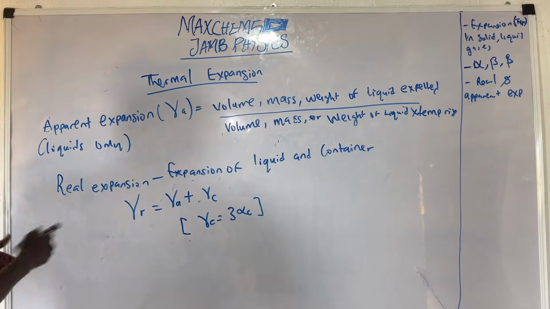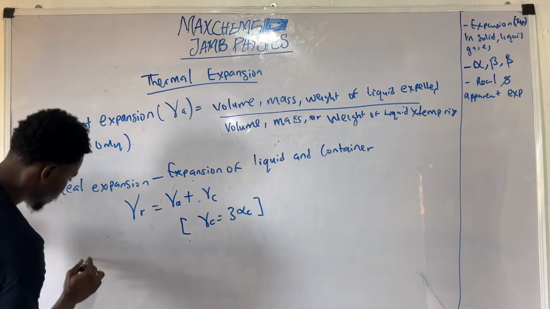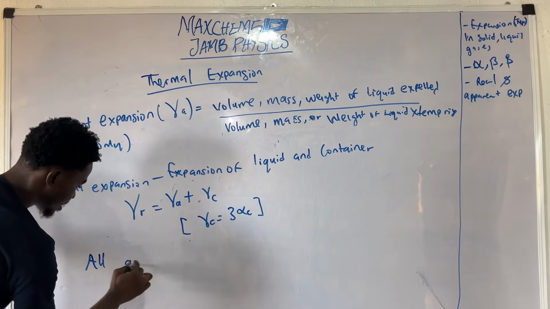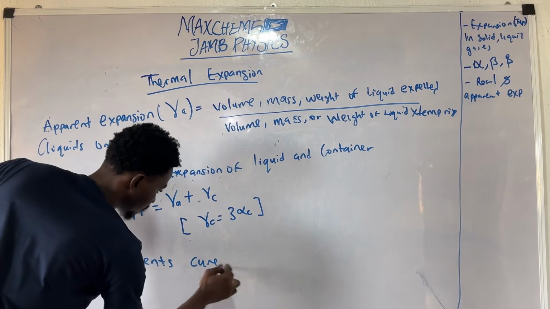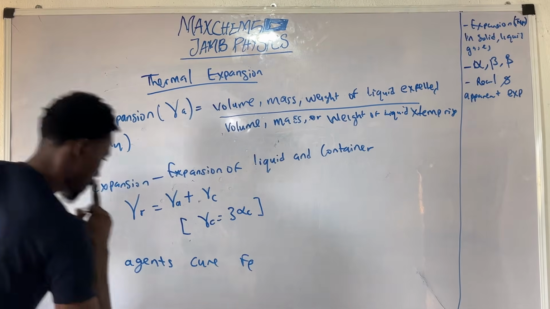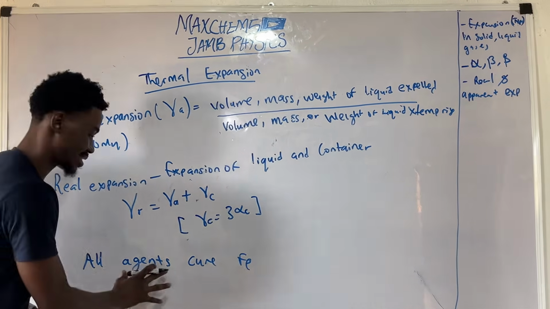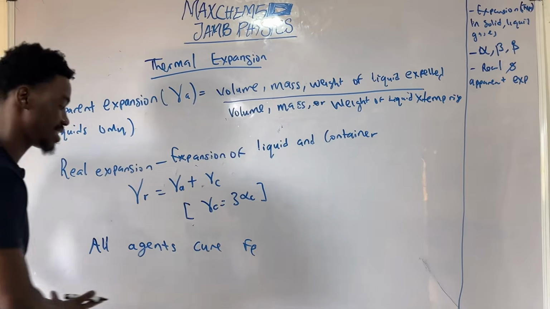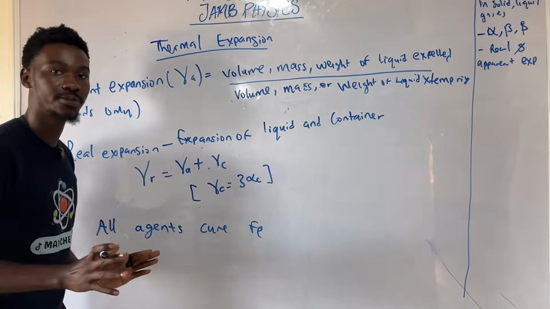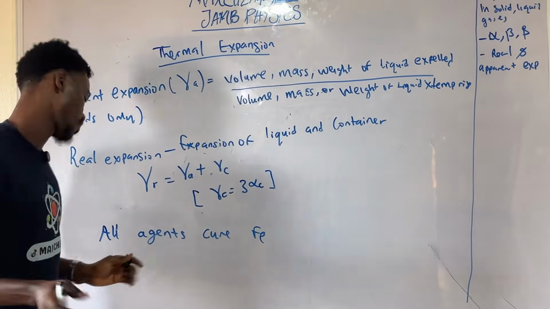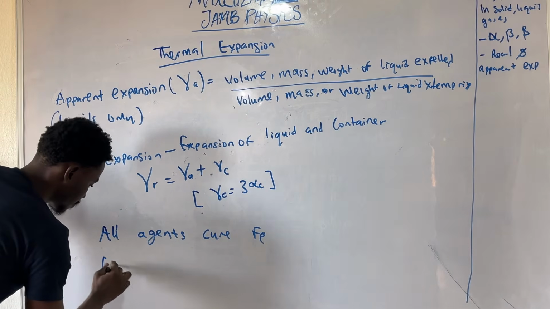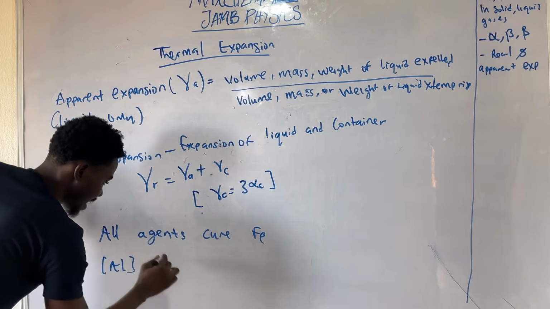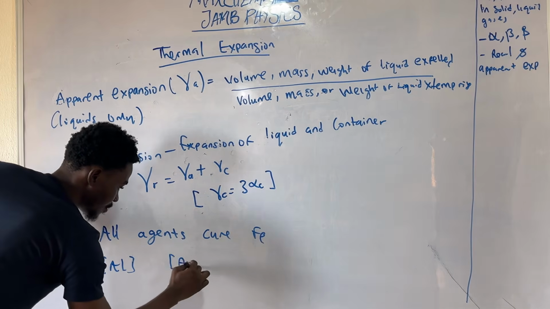The mnemonic goes like this: All agents cure fever. The first 2 letters of each word stand for a chemical symbol. Al stands for aluminium. Ag stands for silver.